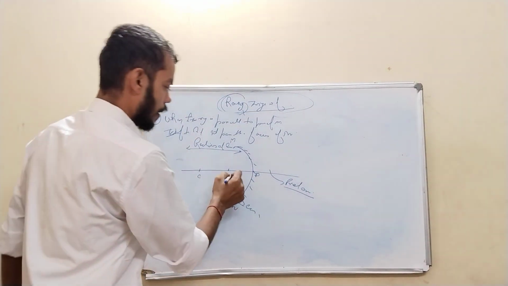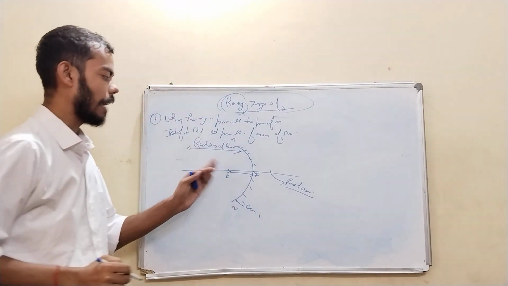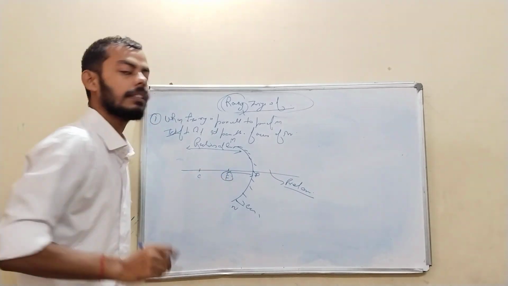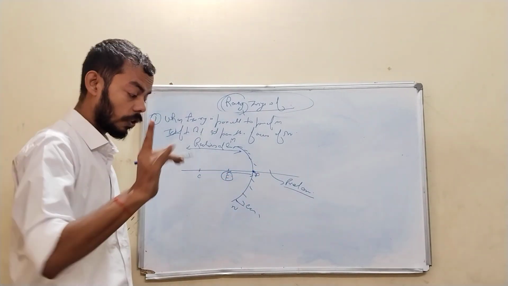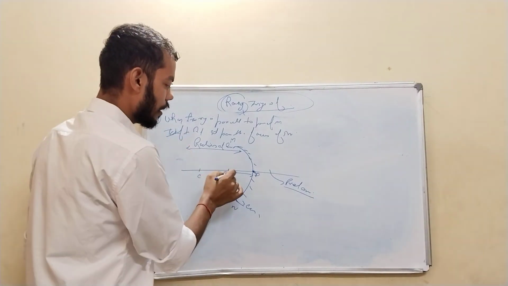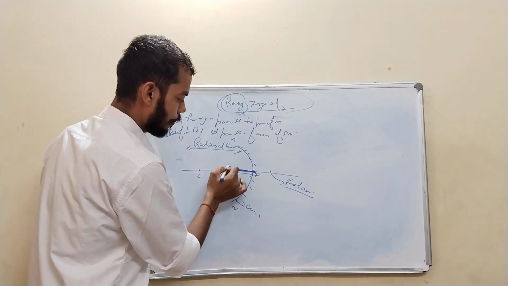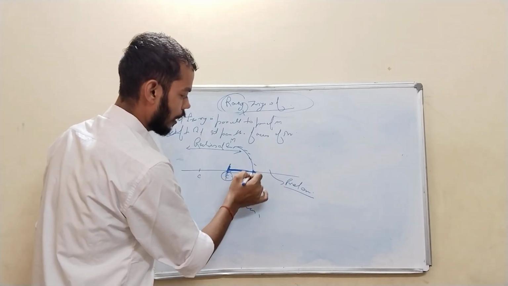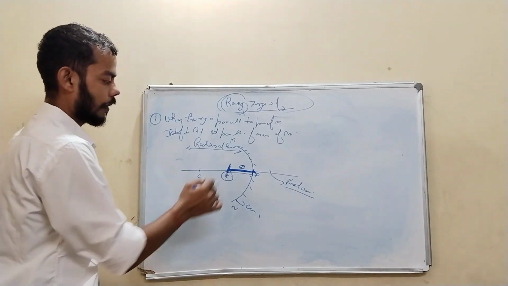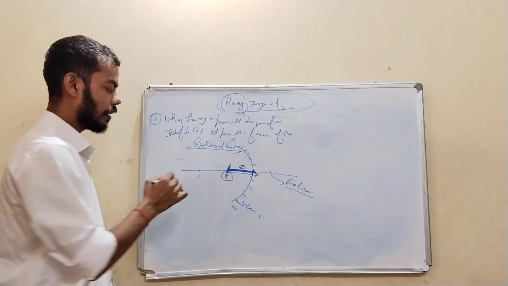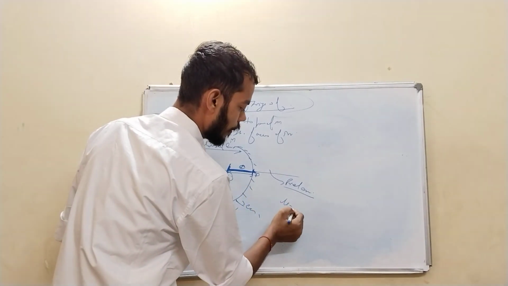So first, what is the focus? Focal length is the distance between the pole and the principal focus of the mirror. This is the pole, and the distance between the pole and the focus is known as the focal length. What is the object distance, which is denoted by u?